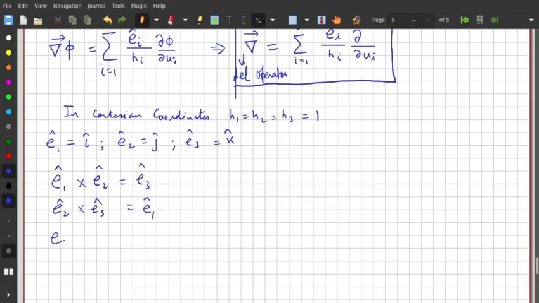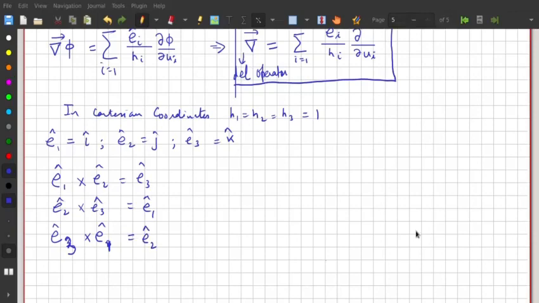And finally, we will have E3 cross E1, that is E2. Okay, so that is all about the cyclic behavior of the contravariant basis vectors.